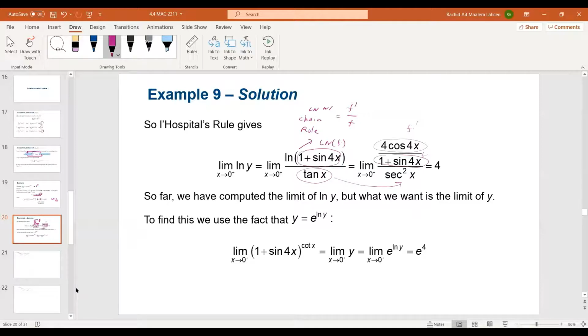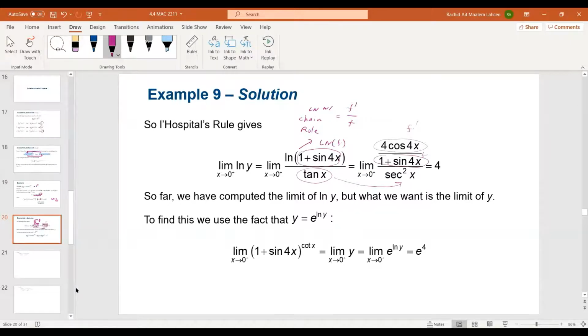No need to use the chain rule, it's just the basic common derivative for tangent x. We don't have an f inside; we have just x, and we differentiate with respect to x. So when we do that, now you can use 0, and you'll find it's 4.